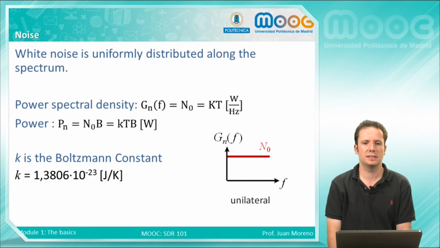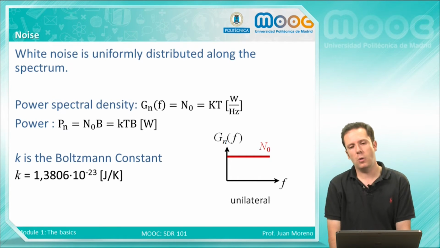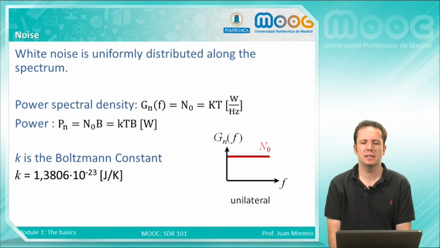This means that its power, or to be more precise, the power density, so the power divided by the bandwidth, is constant along all the frequencies. This is true up to 1 terahertz, but that's enough for the purpose of this course. So you can suppose that the spectral density of the noise is flat on every frequency you work in.